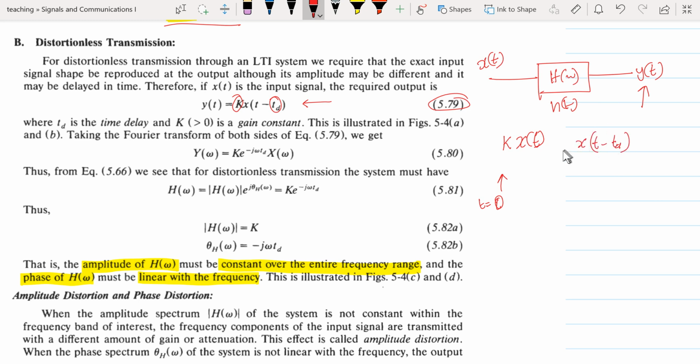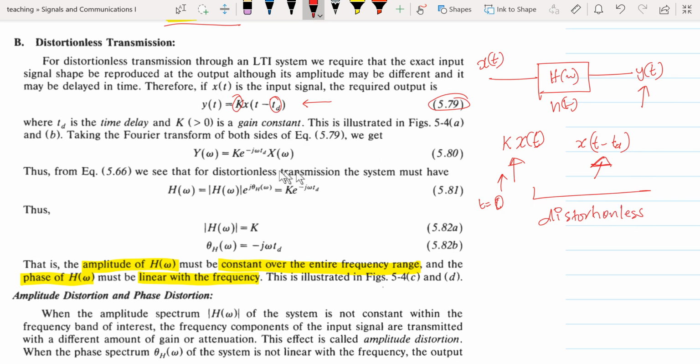That kind of system, despite introducing a variation in the magnitude of the output signal or a delay in time, is considered to be distortionless. Otherwise, if it does not meet those two conditions, it is said to introduce distortion.